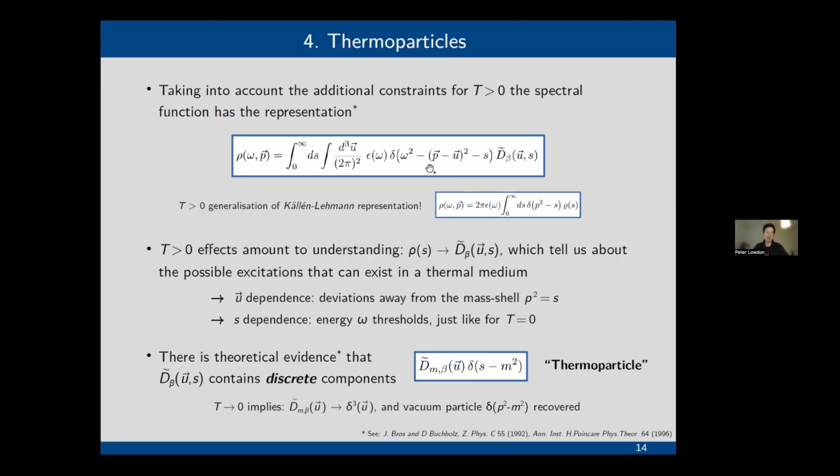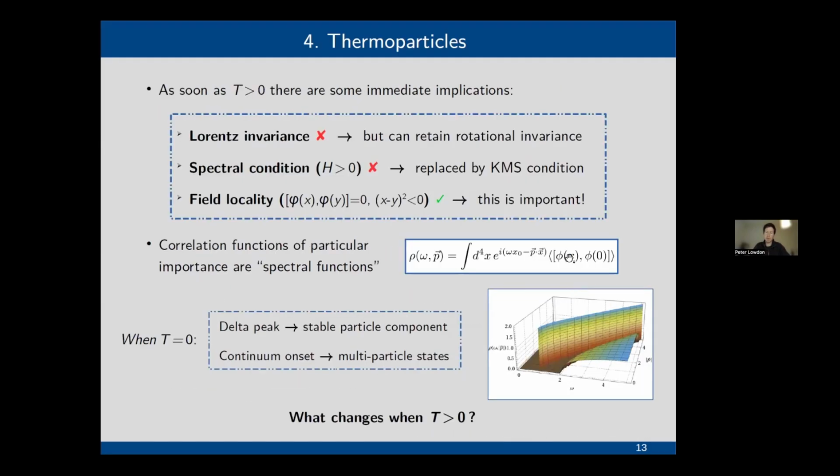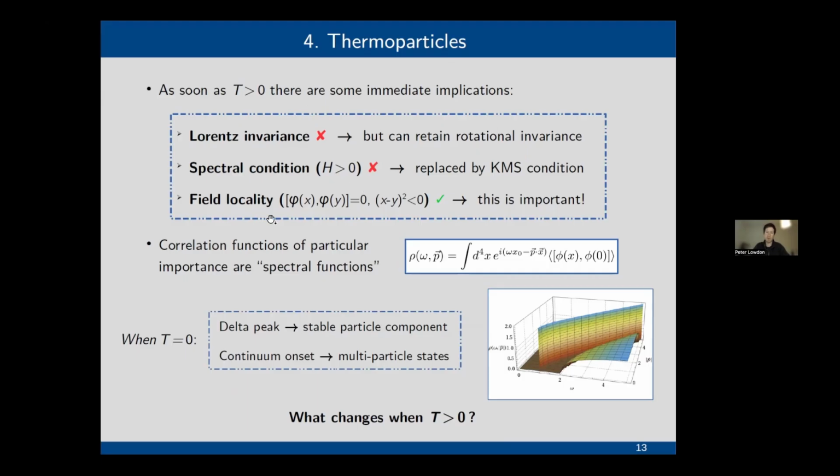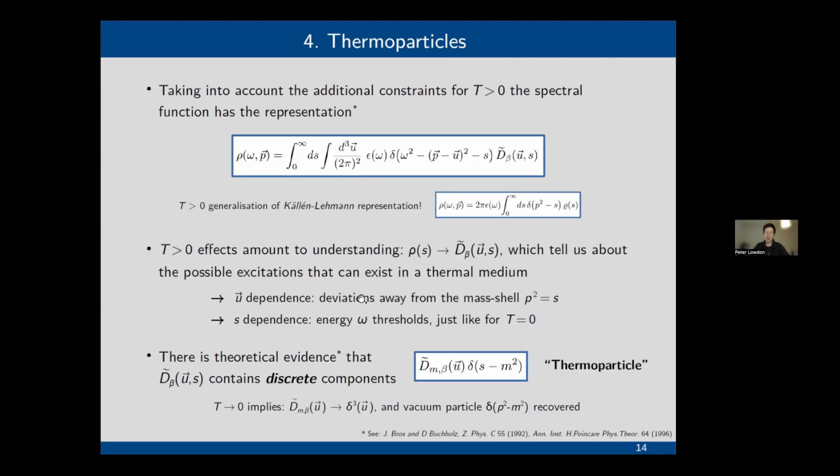This is true for scalar fields. If you have two scalar fields, they can be fundamental or composite, it doesn't matter. The spectral function in any theory can be written in this form. And this follows from very basic principles: causality, the KMS condition and rotational invariance.